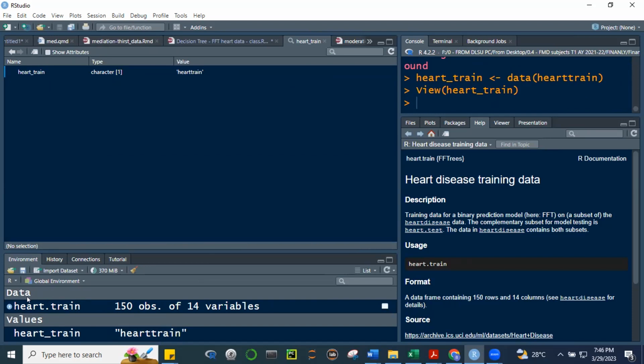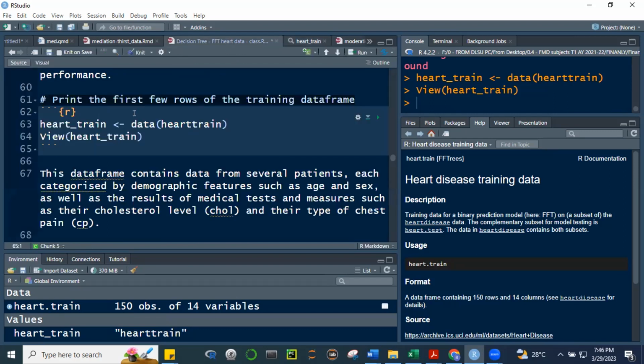Ito, look at this. What I tried to generate is data heart train. I gave it a name, heart_train. Ganyan din sa akin. Pero nagkaroon ng heart train. Oh, pero nagtataka ako kasi heart.train ang pangalan niya, di ba? Can you see, class?